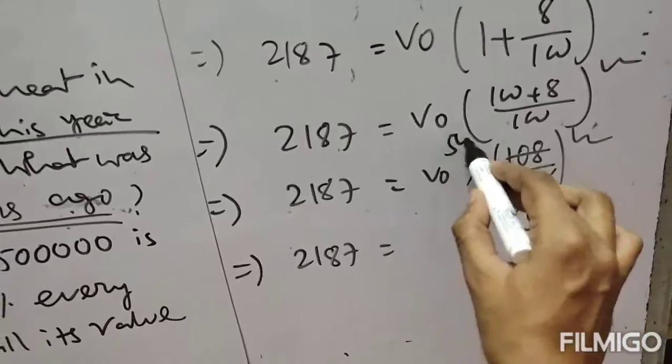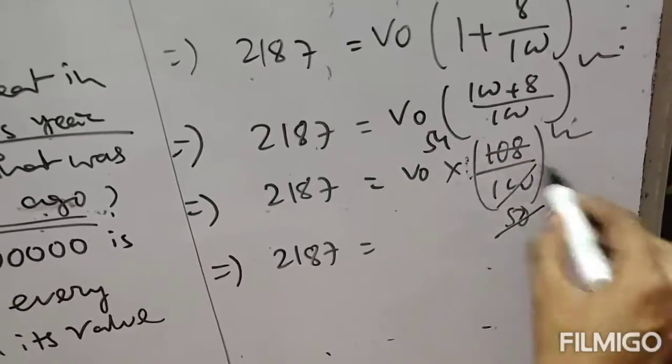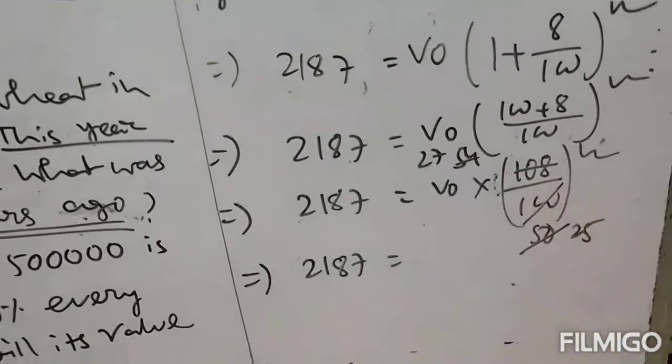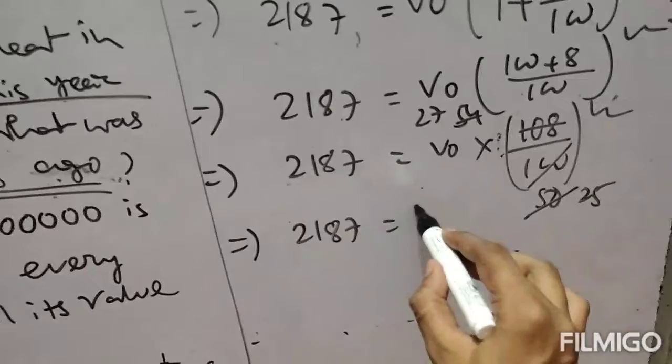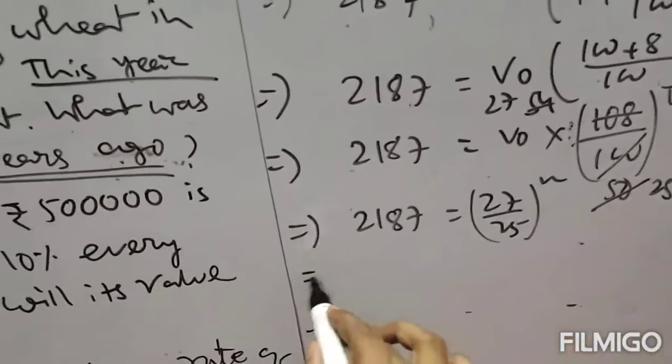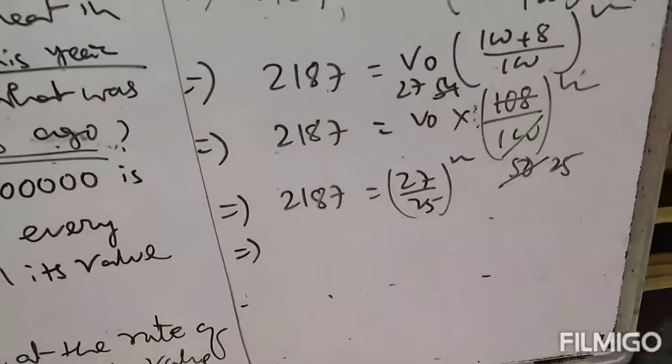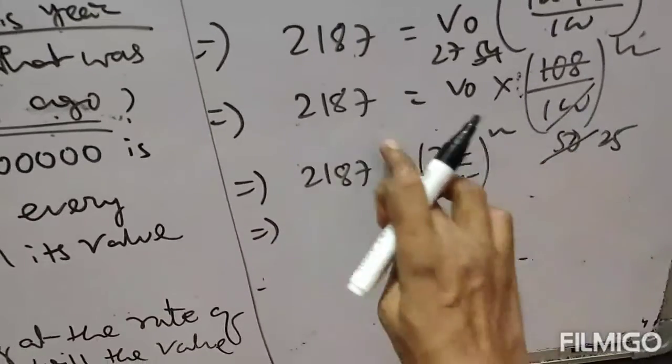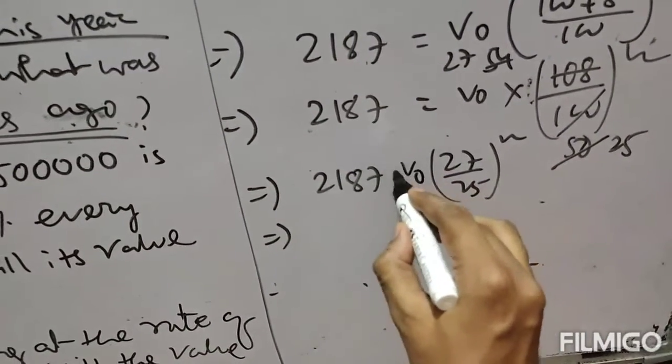Reduce. So it is 27 by 25 to the power n. Clear? This is 2187, and this is V0.